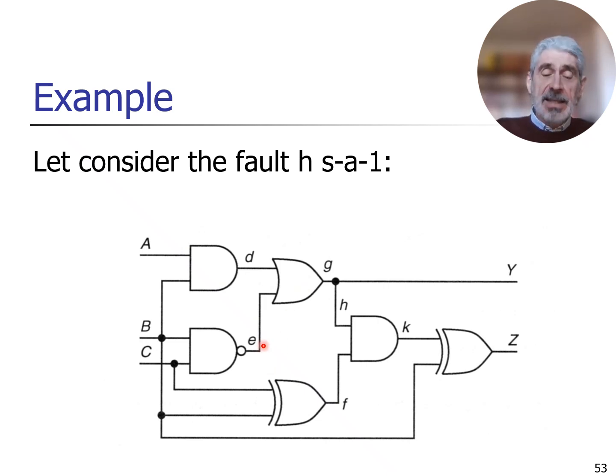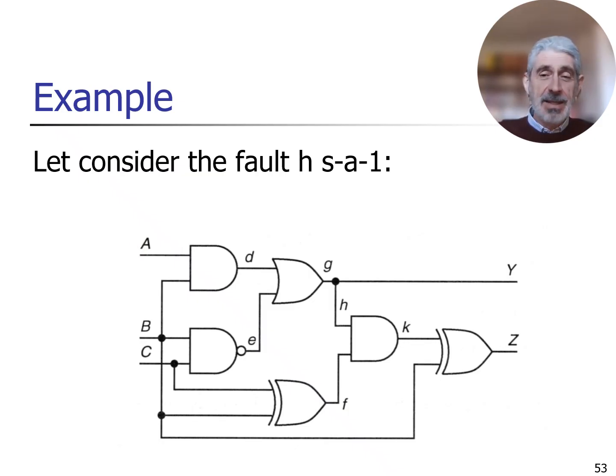Going to E, this is a NAND gate, which means that both B and C should be forced to 1. Otherwise, E will not be 0 and H will not be 0, as required. Now, if B and C are forced to 1 in order to have E equal to 0, then in order to have D equal to 0, A should be 0.